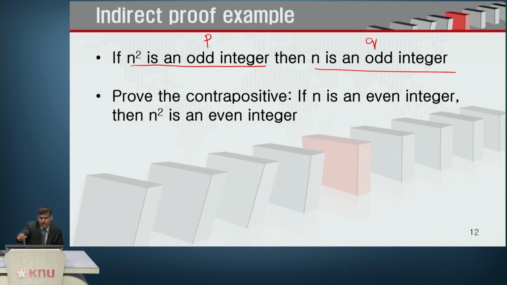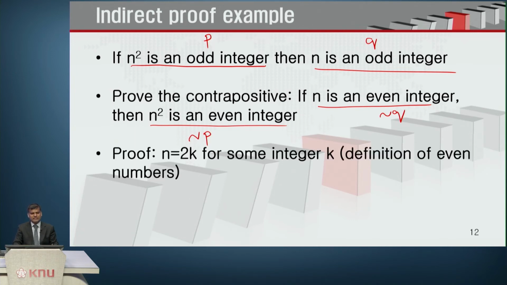This is Q, right? Now I am going to have its contrapositive, which is: if n is an even integer, which is negation of Q, then n square is an even integer, which is the negation of P. Got it? We got the contrapositive.